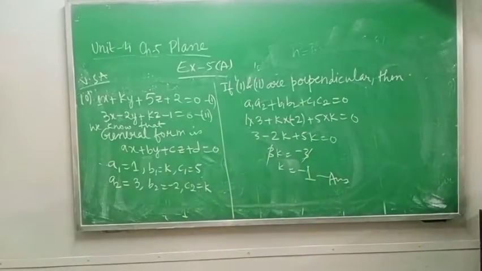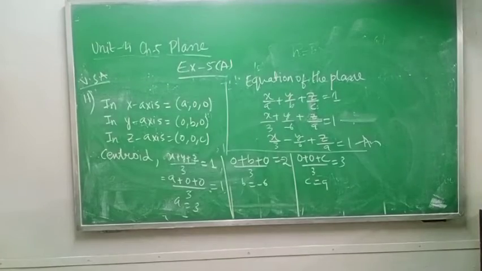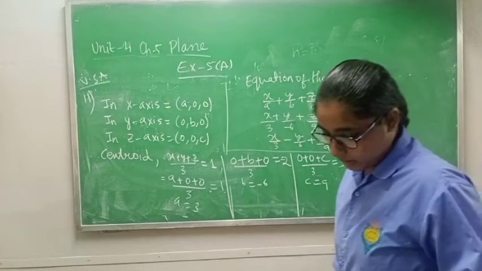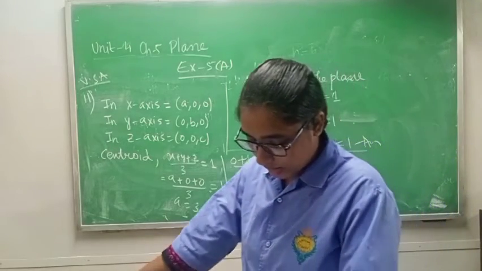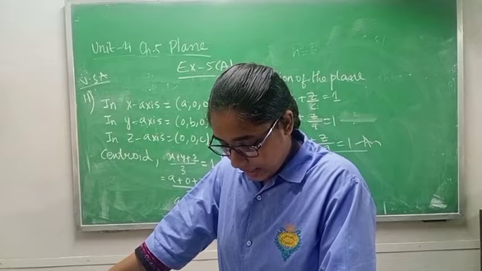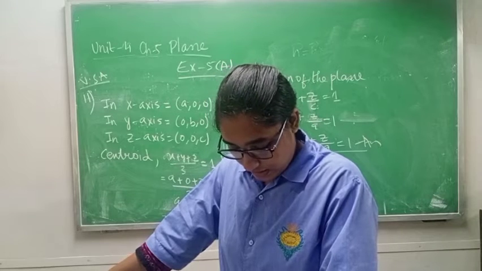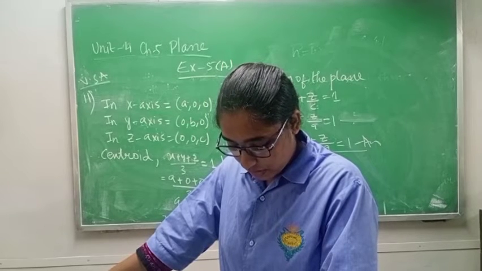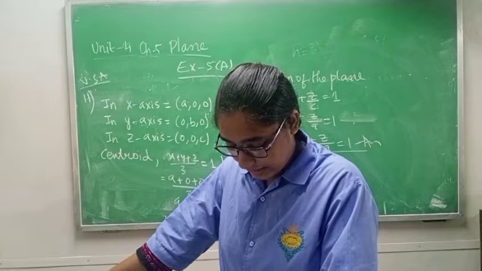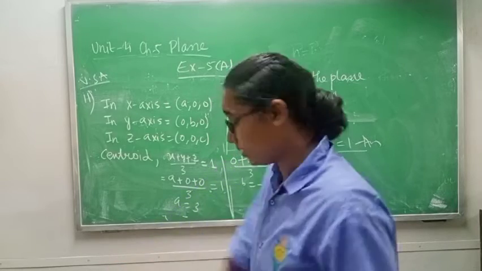Okay, solve this one. Now class 12, see question number 11. A plane meets the coordinate axes at L, M, N respectively, such that the centroid of the triangle L, M, N is 1, minus 2, 3.